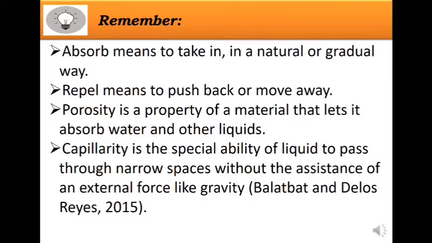Remember that absorb means to take in in a natural or gradual way. Repel means to push back or move away. Porosity is the property of materials that lets it absorb water and other liquids. Capillarity, on the other hand, is the special ability of liquid to pass through narrow spaces without the assistance of external force like gravity.